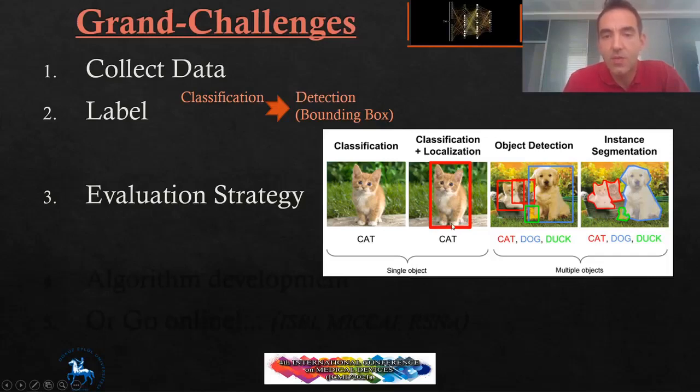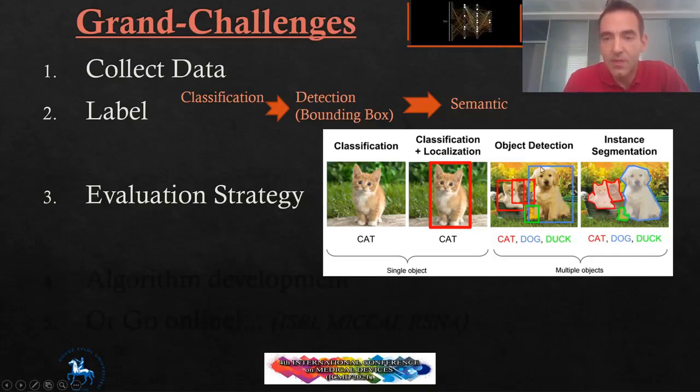Then you use a bounding box to locate the cat. And if you need semantic labeling, then what you need is to really isolate the object. Here, the cats, the dogs, and the duck are isolated.